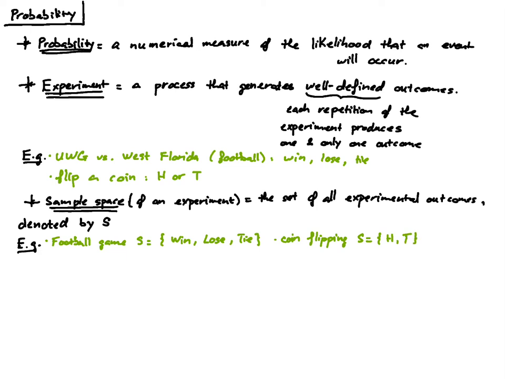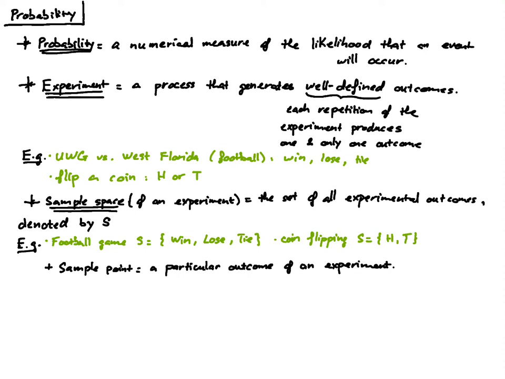We then define a sample point as a particular outcome of an experiment. In other words, a sample point is an element of the sample space, right?